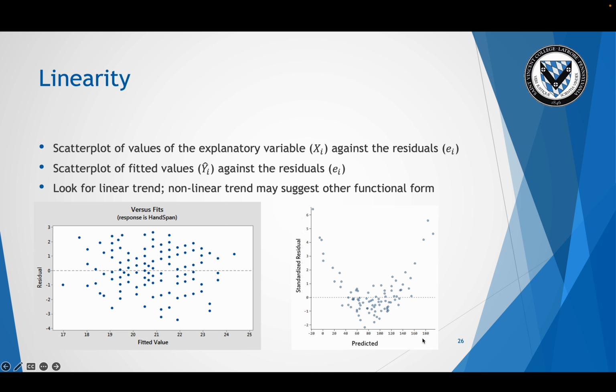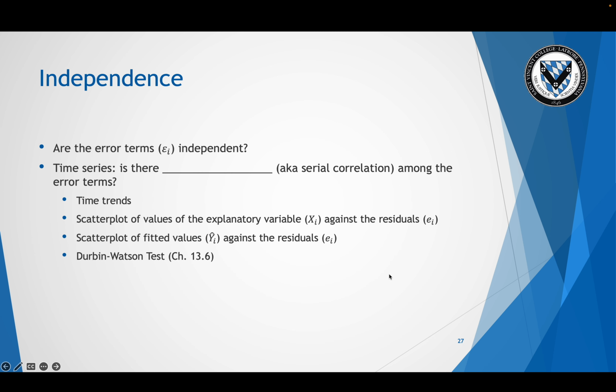As time goes on from 0 to about halfway, we're seeing points decrease, and then from halfway to the end, we're seeing them increase again. That would not be okay. We would say that violates independence, since there's autocorrelation among the error terms.